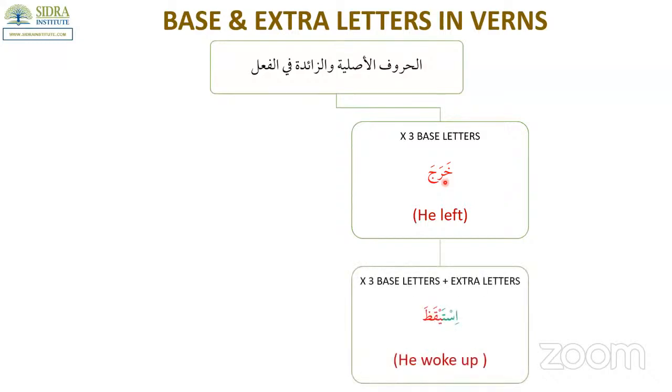You can also have 3 base letters with extra letters, like the word istayqaza, he woke up. Now, this word falls under the pattern of istaf'ala. And in bab istif'al, the last 3 letters are always the root letters. So, for example, when you say istansara, the noon, sad, and ra, which appear at the end, are the root letters.